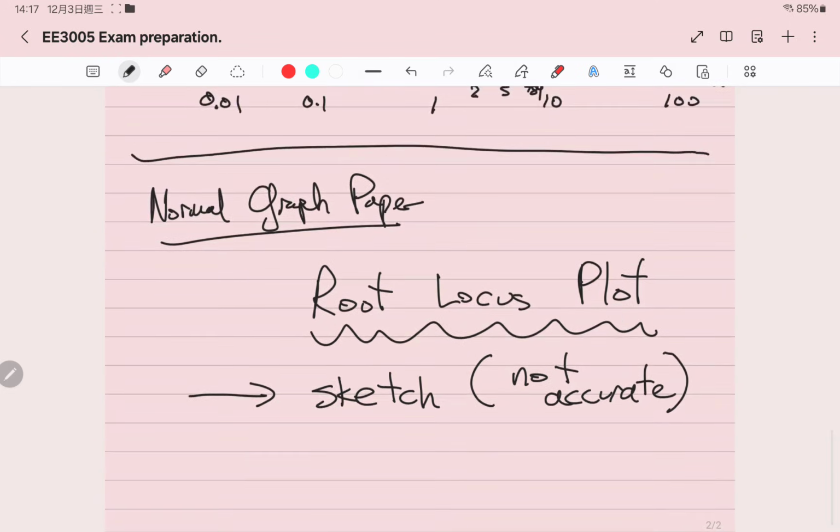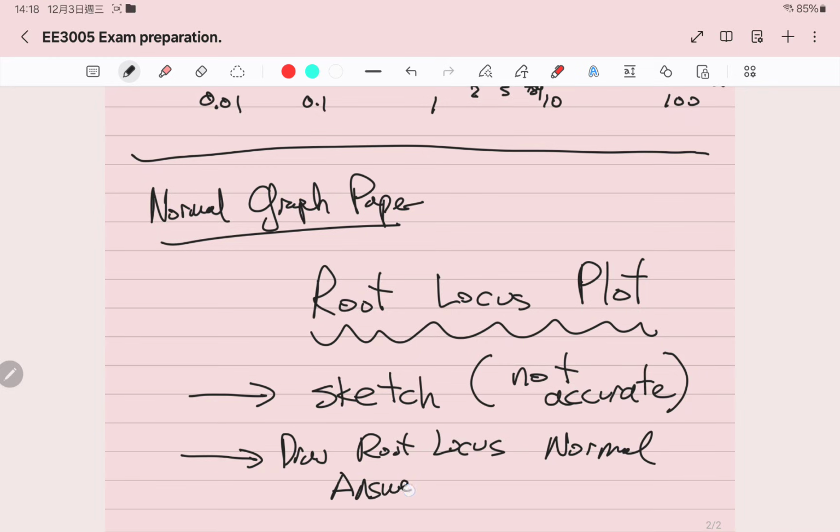So what you need is, you just draw the root locus on your normal answer booklet. It's okay. Once I see that your shape and size is okay, then I will say, oh, okay, this is it.